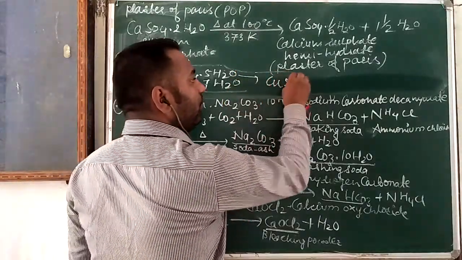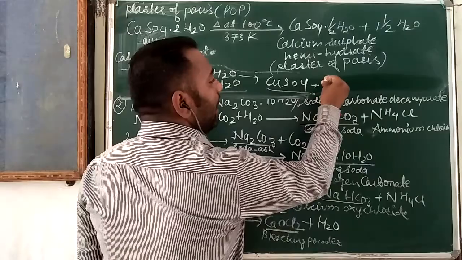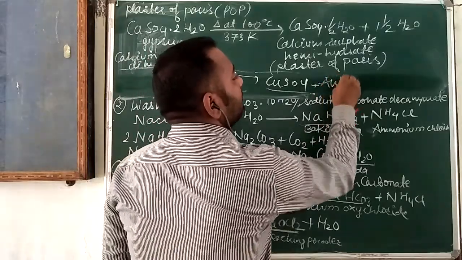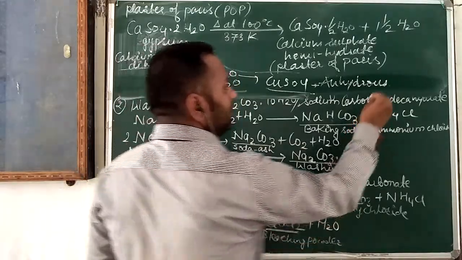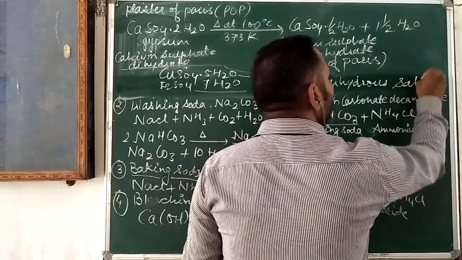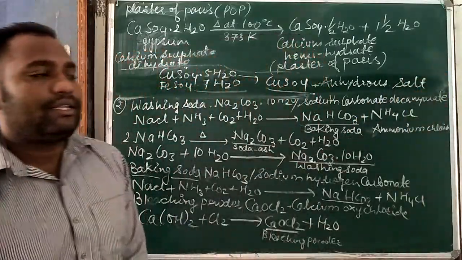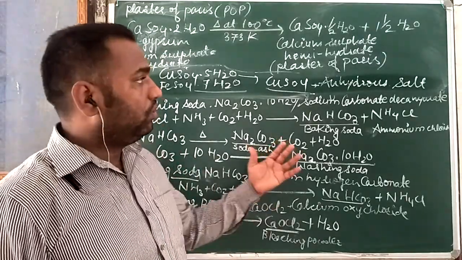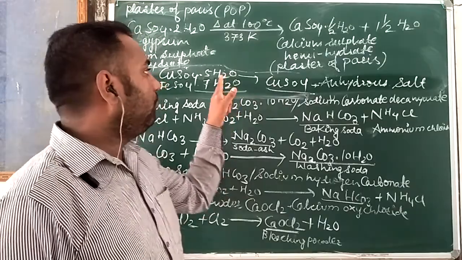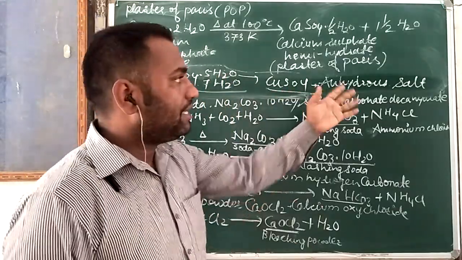When only CuSO4 is left, this is known as anhydrous salt. When water of crystallization is with the salt, it is a hydrated salt, and if there is no water of crystallization present, it is known as anhydrous salt.